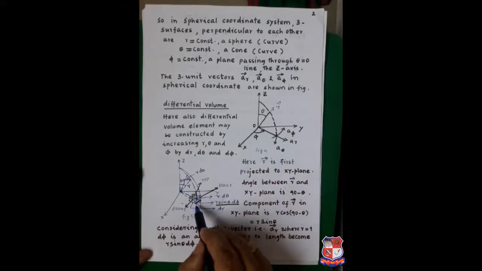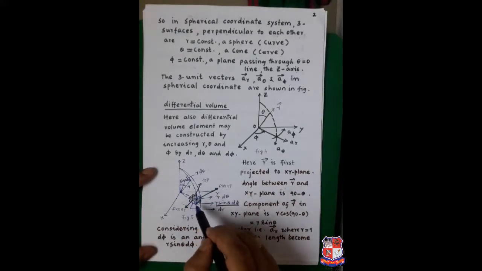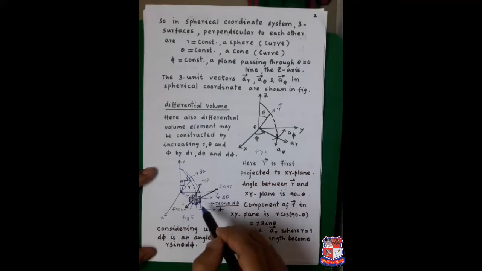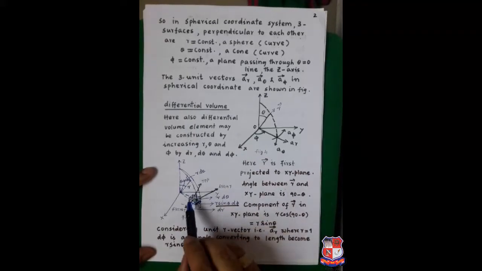Coming to this figure, I have taken the small increment along r, that is dr, then this is d phi and this is d theta. By increasing r, theta and phi by a small amount in all these three directions, we can generate a volume.